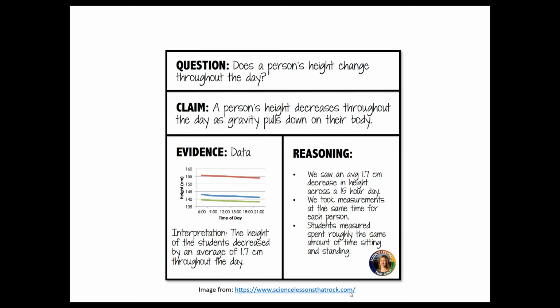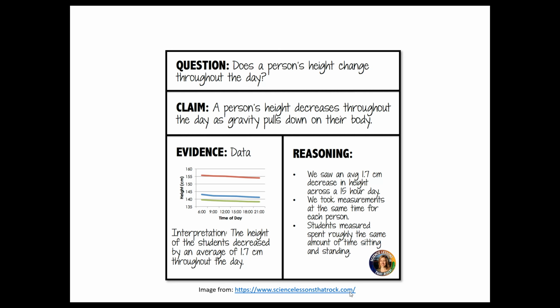Here's an example from Science Lessons That Rock, a really good example of the CER method. If you look, there's a question: does a person's height change throughout the day? And this person stated their claim. They say a person's height decreases throughout the day as gravity pulls down on their body. And then they go further to provide a data table.